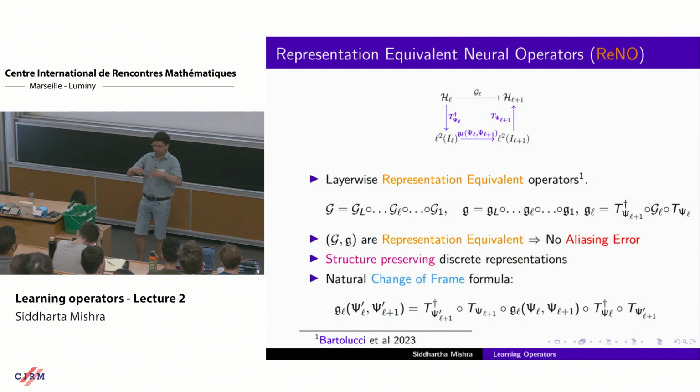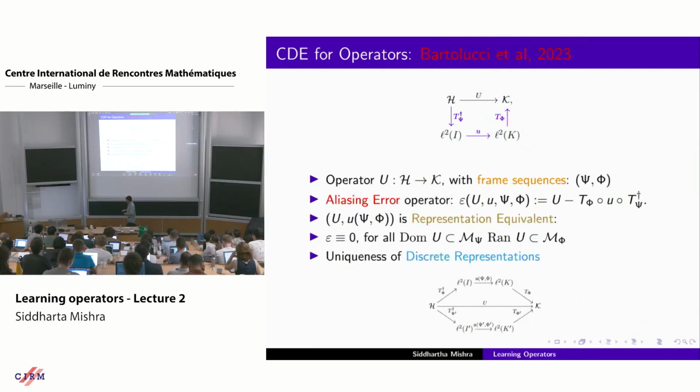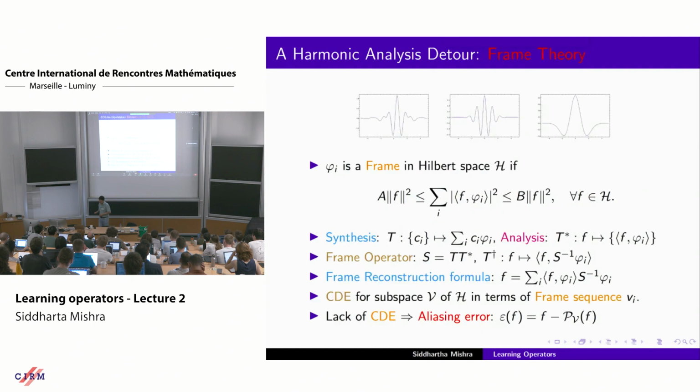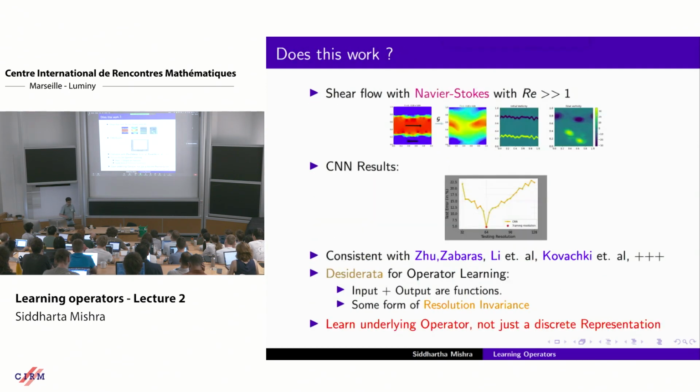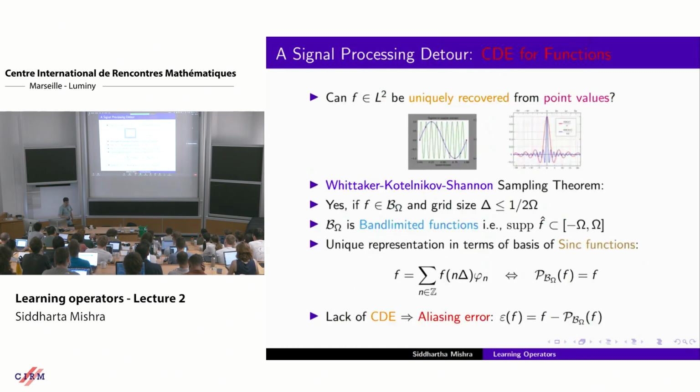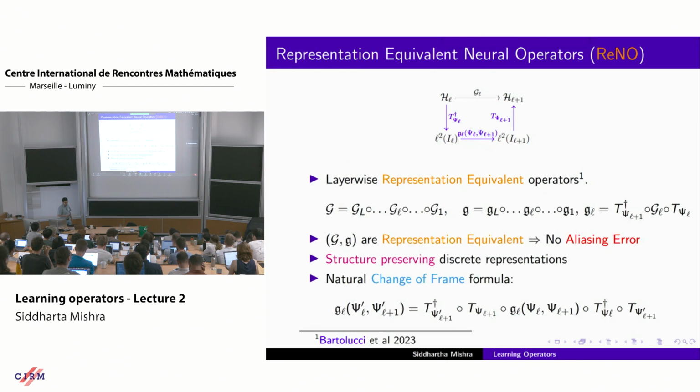But now we remember that just mapping functions to functions was not enough, because we ended up with all these problems that you saw. So you needed a more tight or more constrained definition, and this is precisely provided by this definition of RENO, or representation equivalent neural operator.